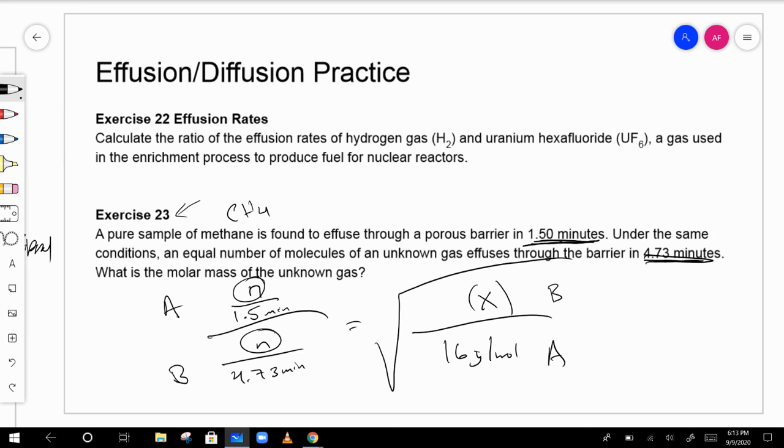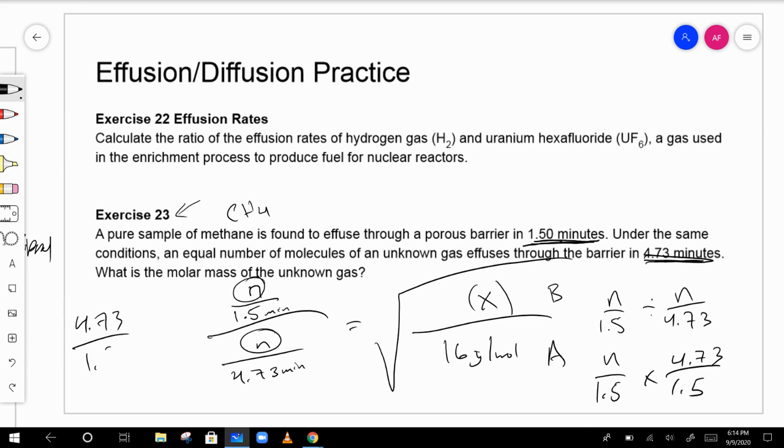Okay? So remember, when we take a fraction divided by a fraction, like N over 1.5 divided by N over 4.73, we flip the second one, so it's N over 1.5 times 4.73 over N. So this becomes 4.73 over 1.5, it flips. And we square both sides.